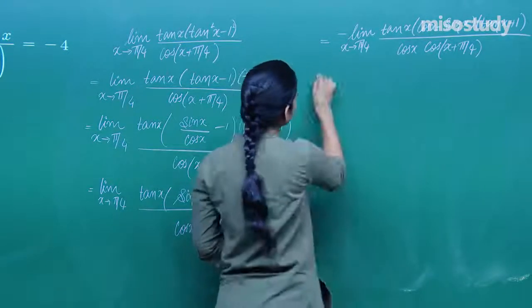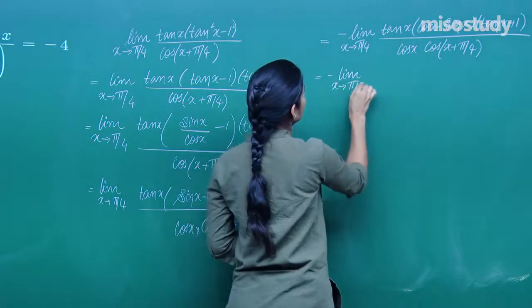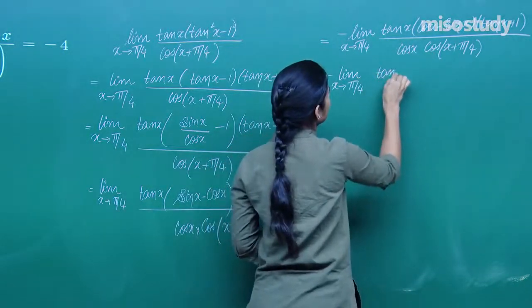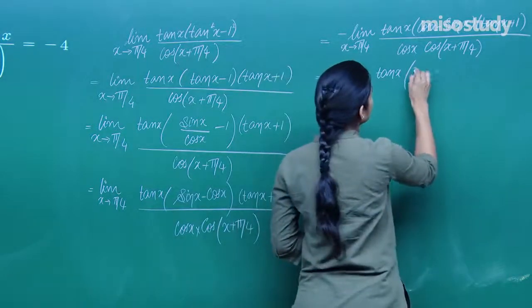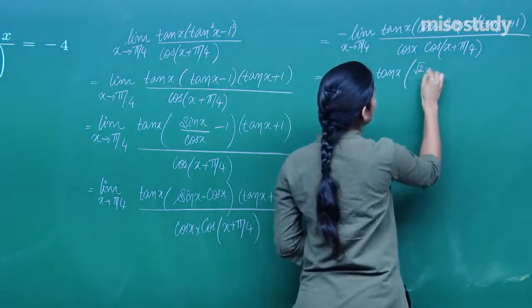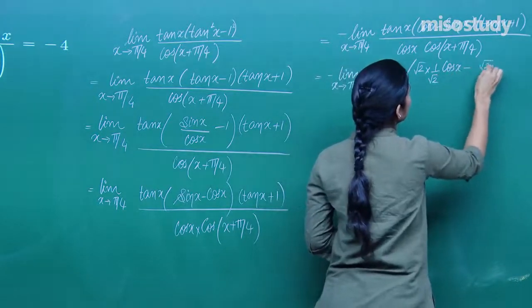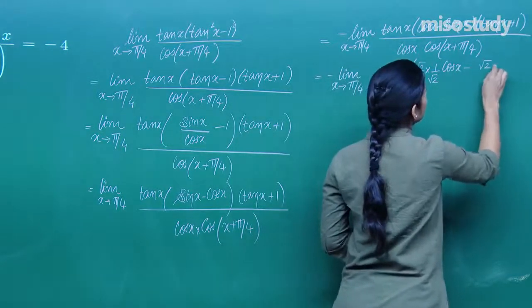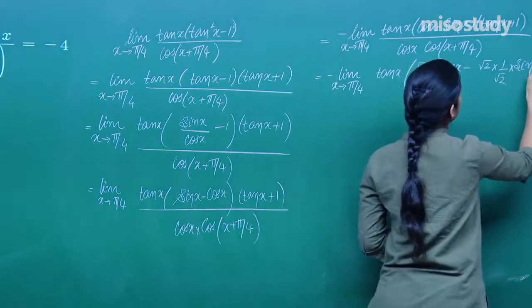Now look at the smart manipulation that you need to do right now. This is limit x tends to pi by 4, this is tan x. In order to create the formula of cos of a plus b, I will be multiplying by root 2 and dividing by root 2 with cos x. Again multiplying by root 2 and dividing by root 2 with sin x.